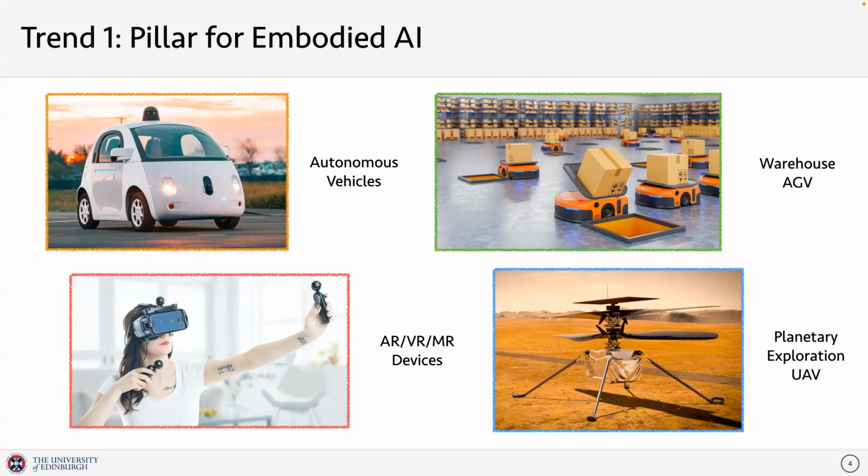We need a better understanding of the user poses and the surrounding environments. Lastly, we can't forget about UAVs, which find heavy applications in spatial exploration as well as city-level surveillance. All these applications will depend on a good spatial perception system.